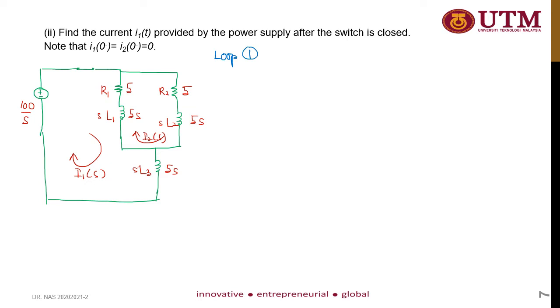Okay, so it is basically 5 plus the total 10s for I1(s) minus the shared one is 5 plus 5s I2(s) equal to the source is 100 over s. So this is equation 1.